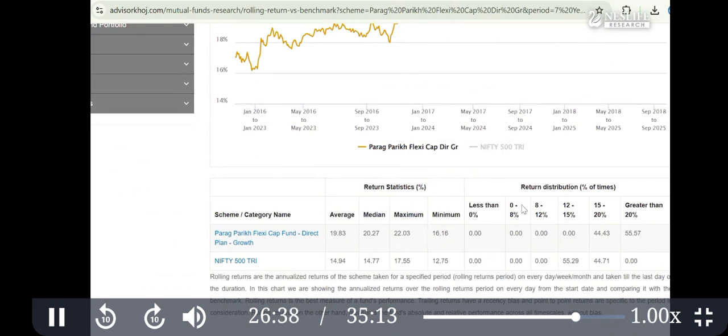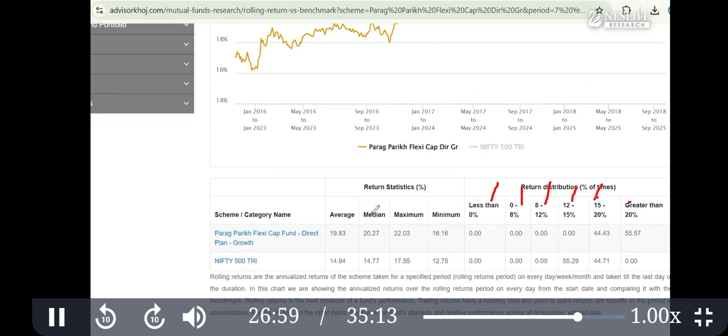Same way you can see the data distribution here as well. That means here you can see less than 0% return, 0 to 8%, 8 to 12%, 12 to 15, 15 to 20, and greater than 20.